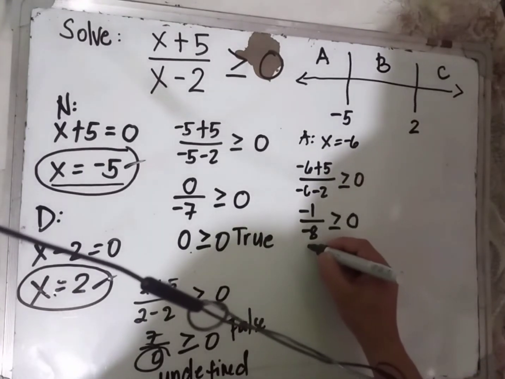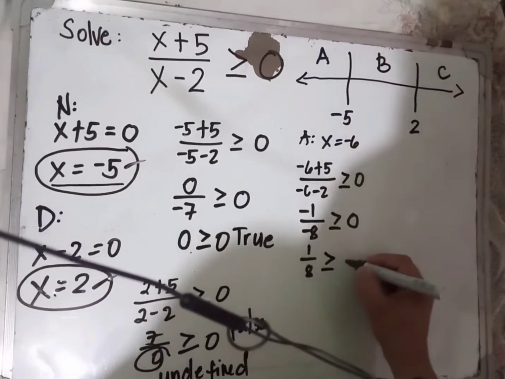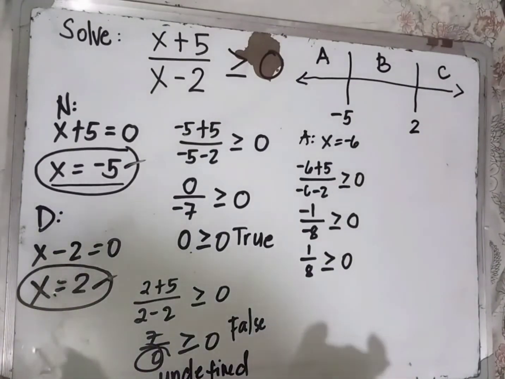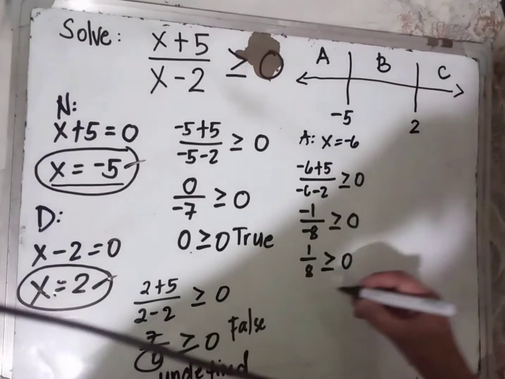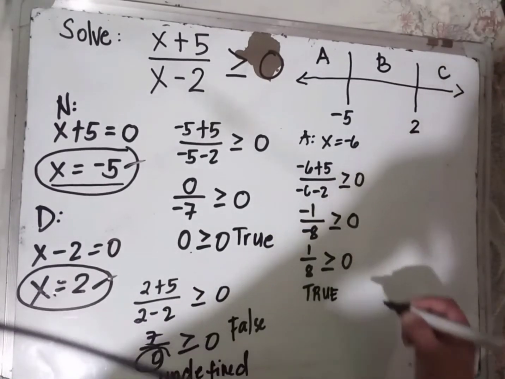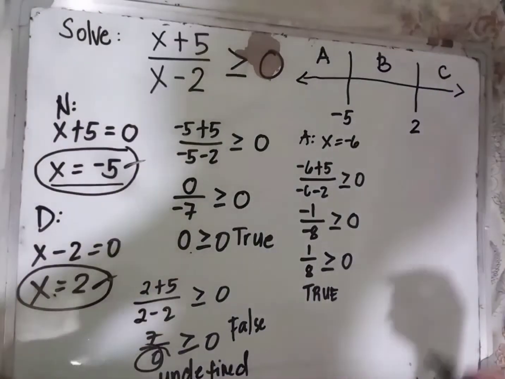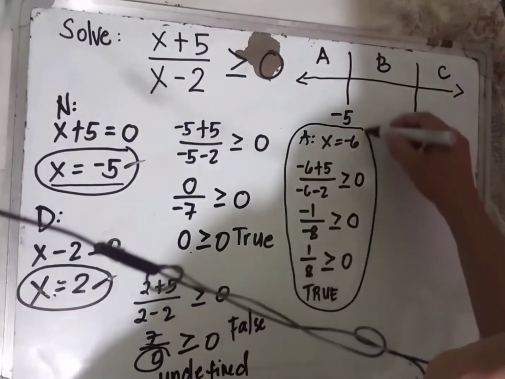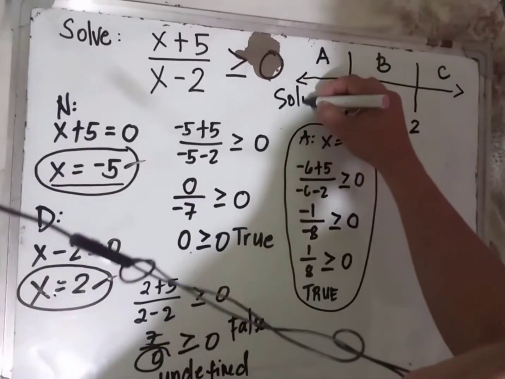That is magiging positive ito. 1 over 8 is greater than or equal to 0. True or false? Okay, that is true. Kasi mas malaki talaga yung 1 over 8 or positive numbers kaysa 0. So, interval A is part of the solution. So, ito, solution na ito.